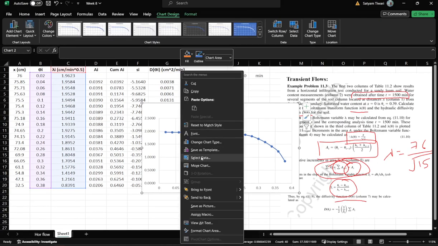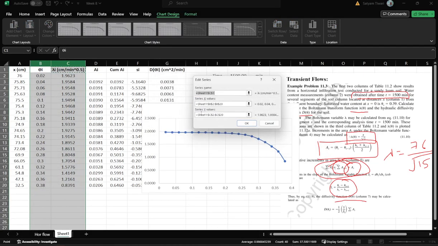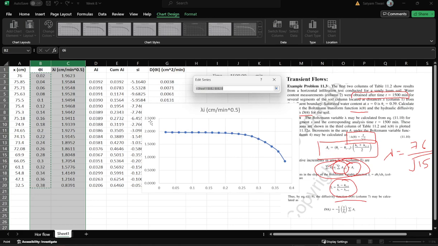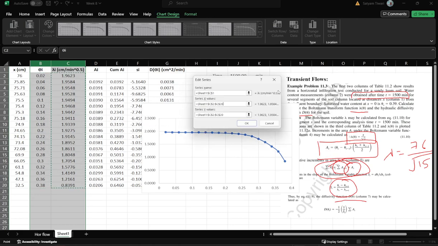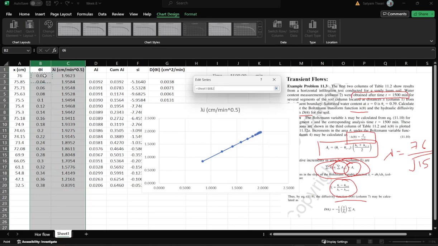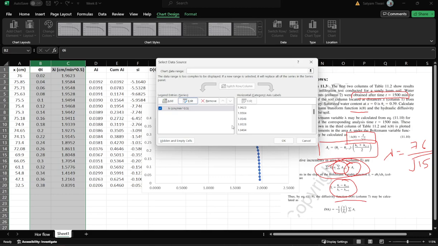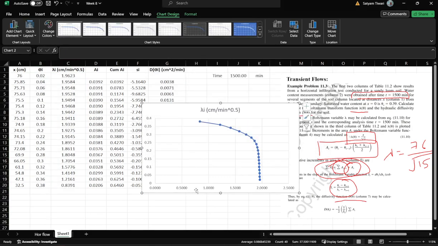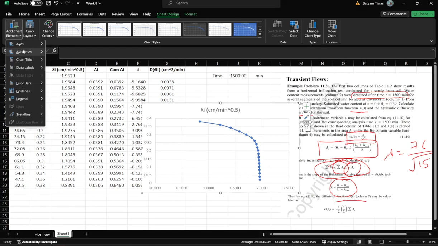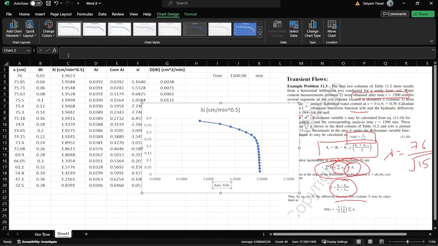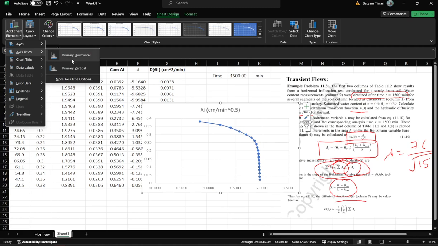So now we need to change the data here. We can edit the x direction. We'll need the values of lambda, and in the y direction we need the values of theta. Right. This graph will look something like this. Okay, and we'll add the title.